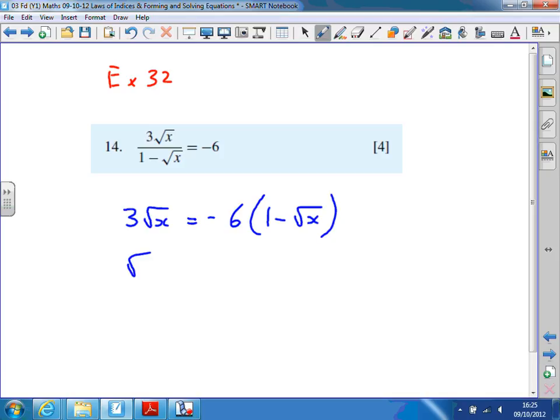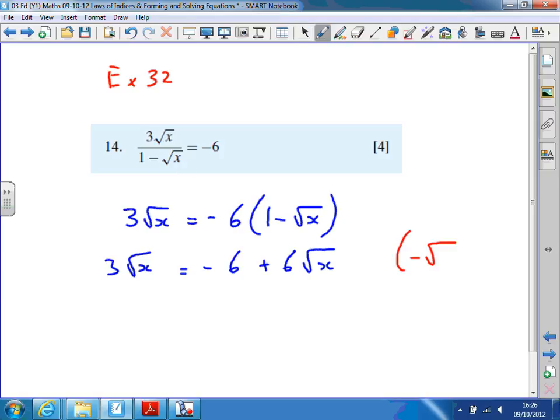3 times the square root of x equals minus 6 times 1 is minus 6, minus 6 times minus root x is plus 6 times the square root of x. Now, I want to get all terms involving the square root of x on the same side. So I'm going to subtract 3 root x from both sides.